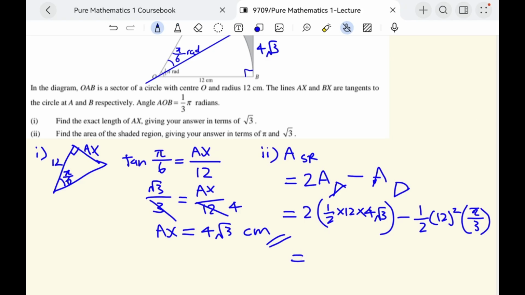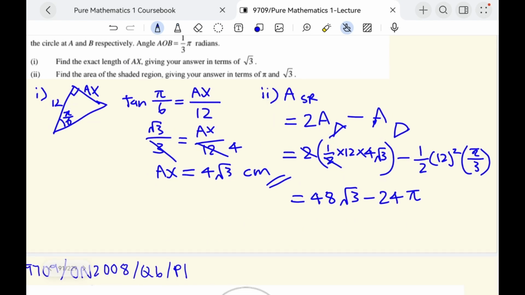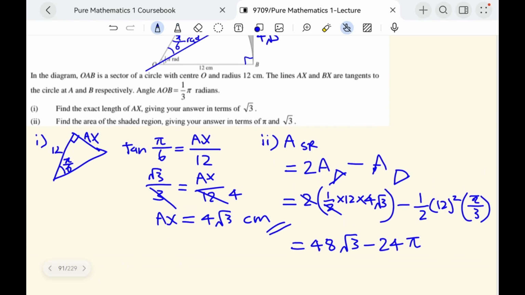So you cancel away the 2. 12 times 4, which is 48 root 3, and half of 12 squared times pi over 3, which is minus 24 pi. It is optional to leave the area of the shaded region unfactorized, or you can factorize 24 outside, since 48 and 24 have a common factor.